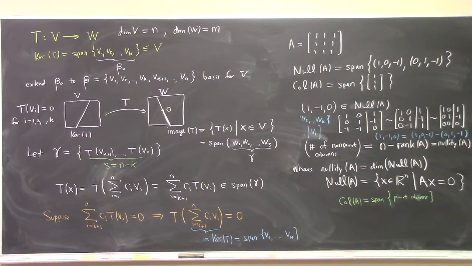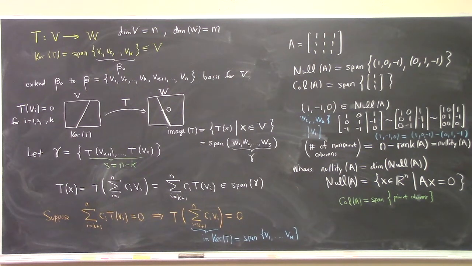We supposed we took a linear combination of vectors in gamma and set it equal to 0, but that implies that you combine to get something in the kernel, and also the kernel is the span of those vectors, right? Yeah.